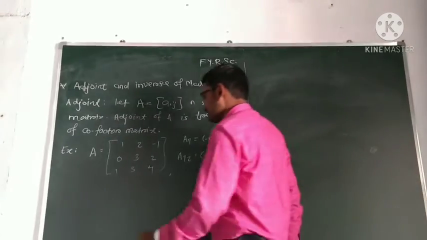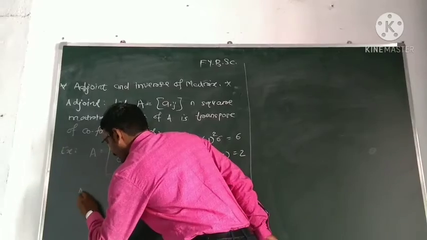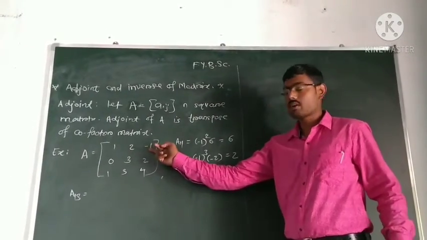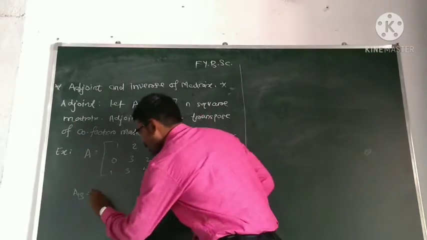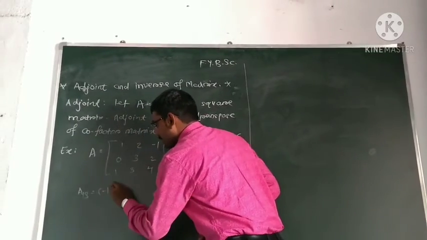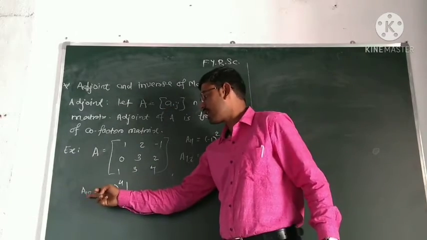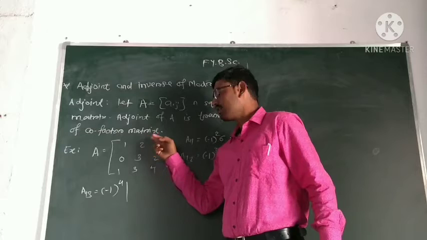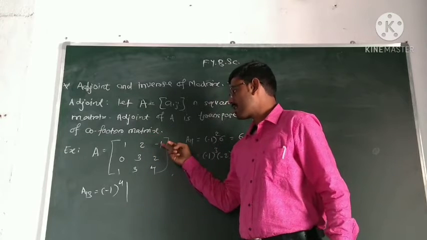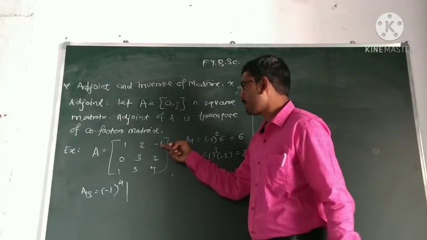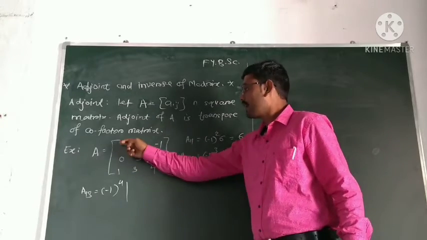Then A13. The cofactor of this element is equal to minus 1 raised to power 1 plus 3, that is 4, into the minor of this element, first row and third column. What is the minor of this? It is equal to the determinant of the matrix obtained by deleting this row and this column.